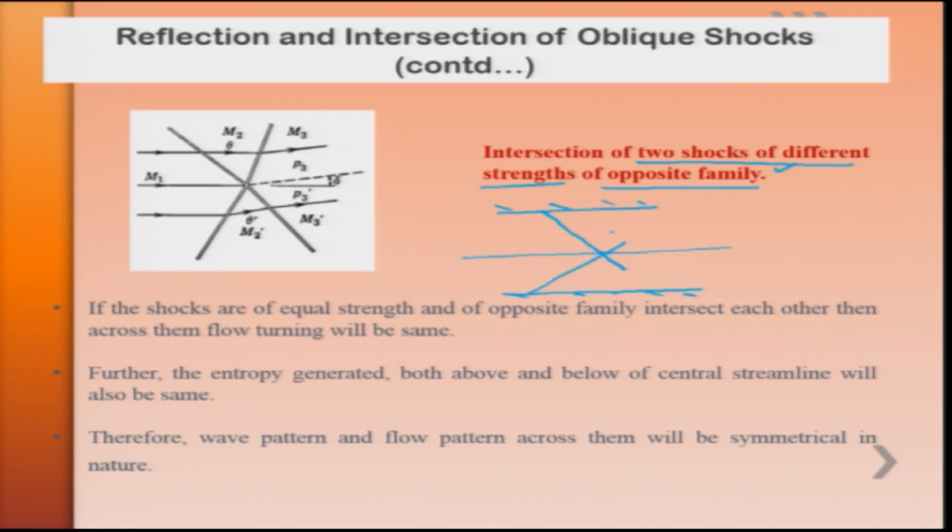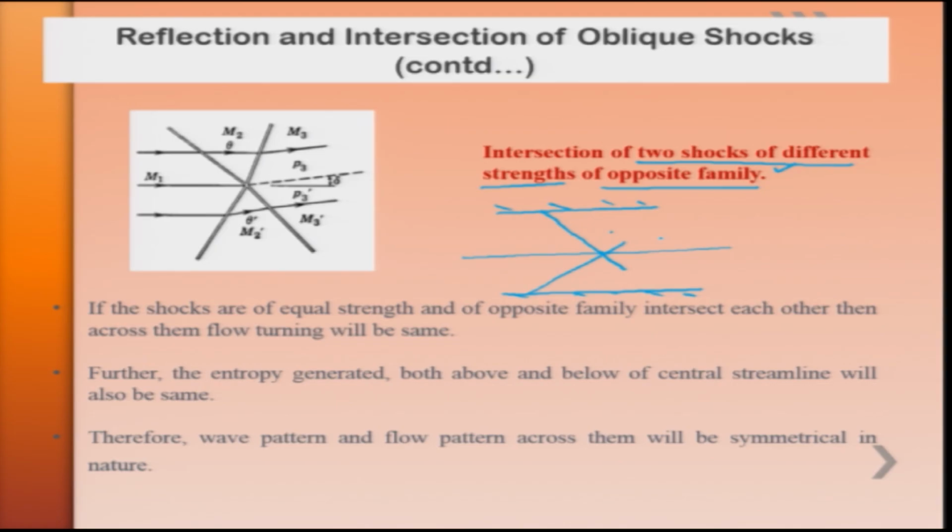That means the shock pattern as well as the flow pattern above and below the plane due to the left running and right running shock waves are symmetric in nature.